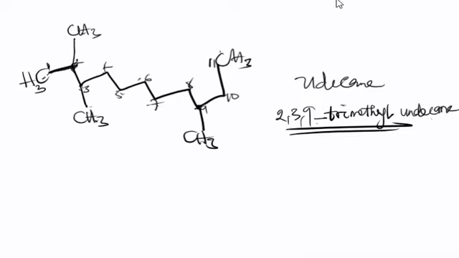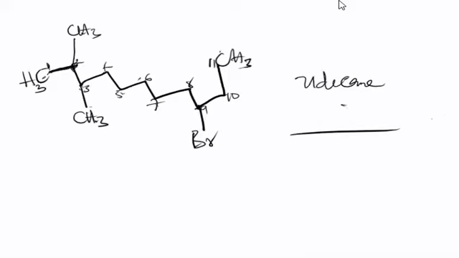So for instance, let's say I have bromine here. It means the name of this compound will have to change.